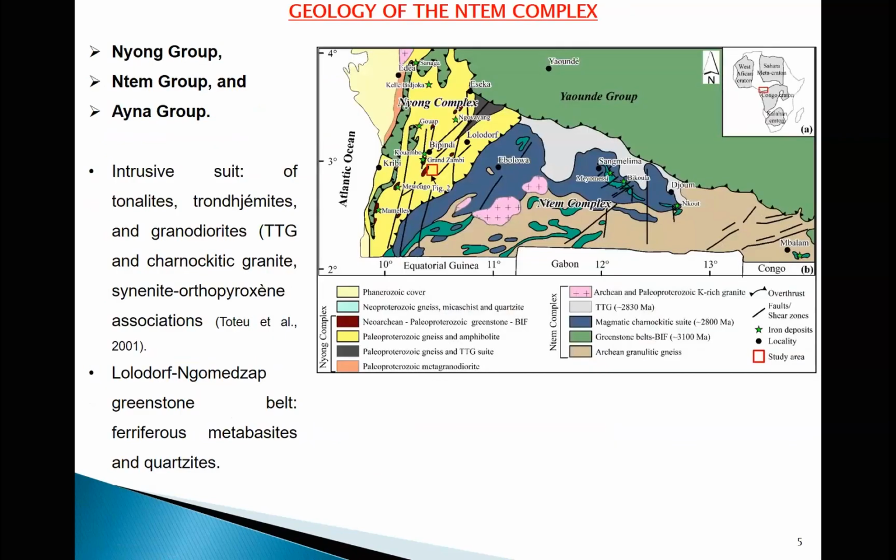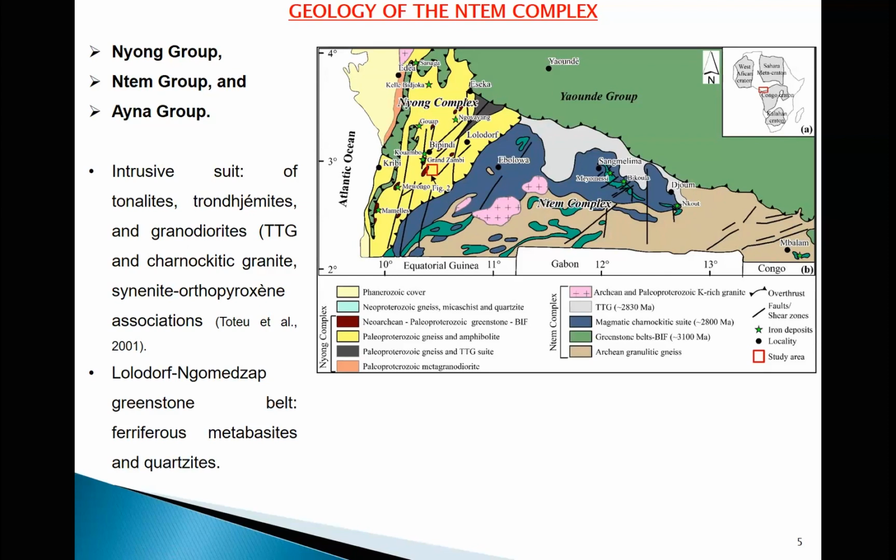So zooming locally to the Ntem complex, it's mainly divided into 3 subunits: the Yaoundé complex, the Ntem itself proper, and there's another one far east, which is cut off from this image, known as the Ayina unit. The Ntem complex is basically made up of intrusive rocks, mainly tonalites, granodiorites, charnockitic, granitic, syenitic, and orthopyroxene associations.